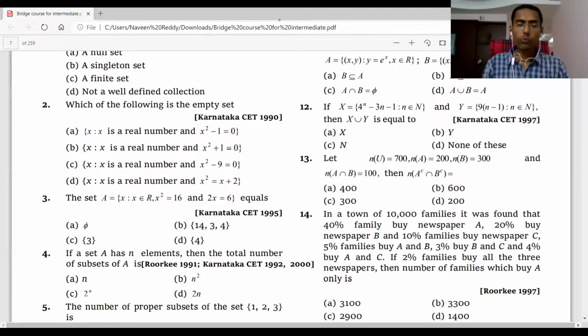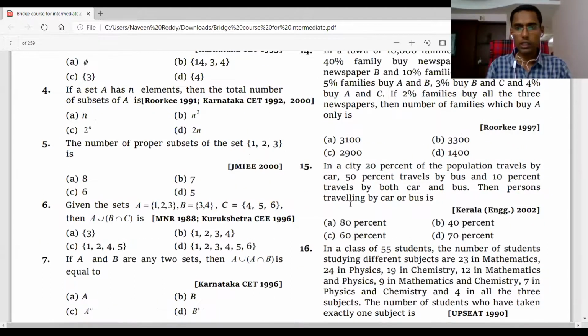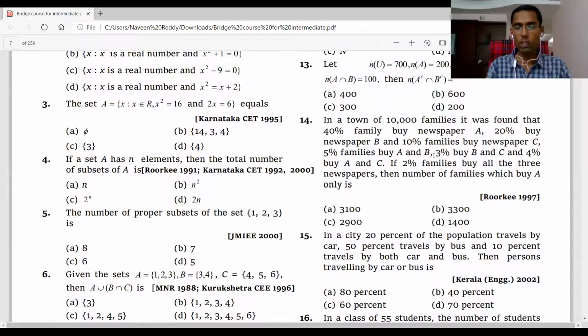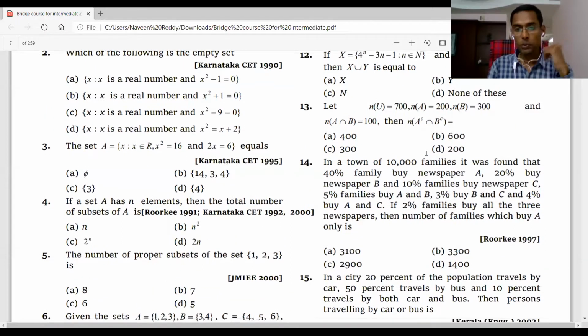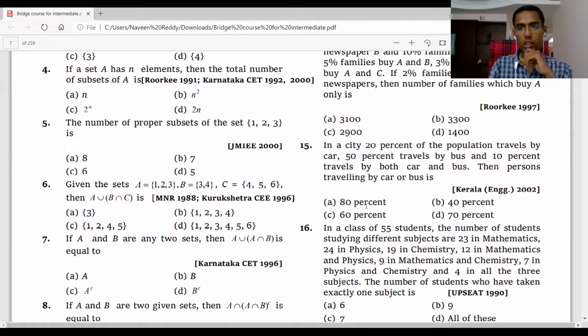So here I'm going to discuss a few important questions, because yesterday we discussed till here. Somebody asked the 14th question, and we discussed the 14th one. That was the concept of the 14th. Then we have a few more questions.